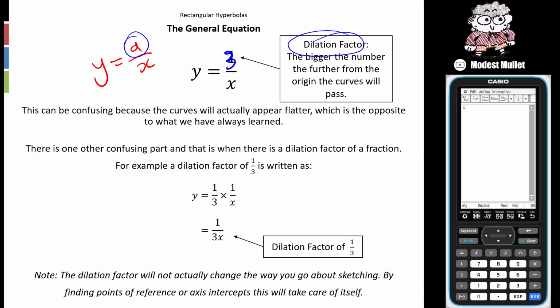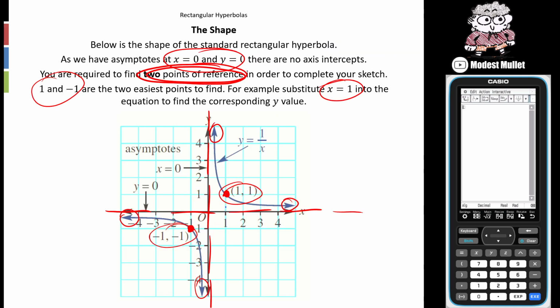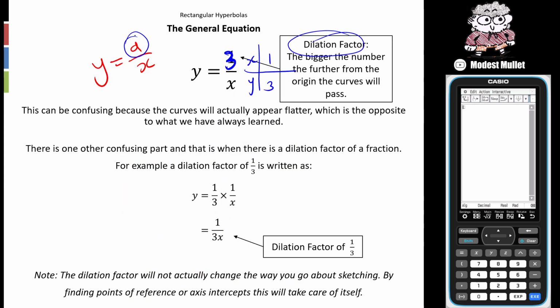If we put 1 in for x, our y value becomes 3, and that means it's way up there. And our graph is, I guess, what we could consider fatter or dilated out. It's wider and further away from the origin. So if our a value is larger than 1, those curves are further away from the origin.